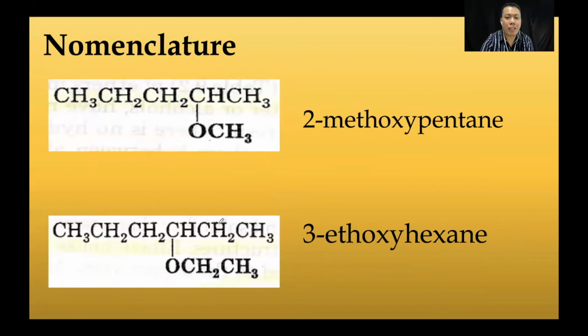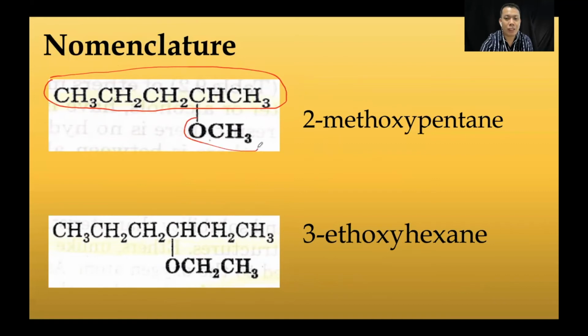So we have here another example, 2-methoxypentane. Again, you have to locate first the longest chain possible. So in this case, you have here this vertical and a horizontal line, and then you have to select the closest alkoxy. It is closer to the left.